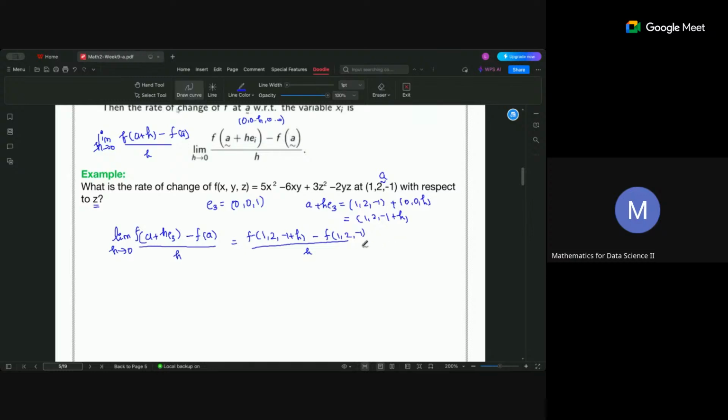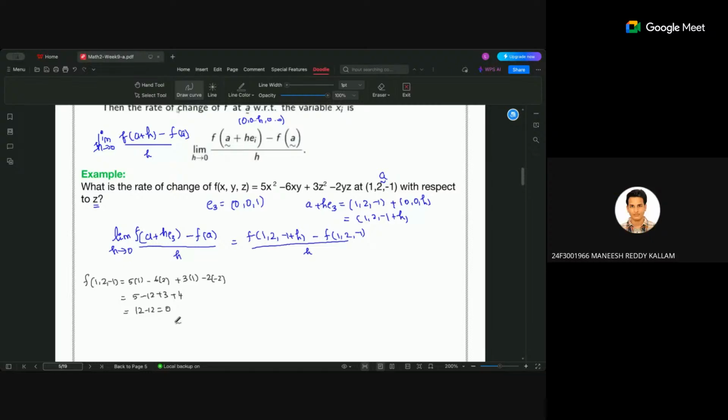So 5 times 1, minus 6 times 2, plus 3 times 1, minus 2 times minus 2. So 5 minus 12 plus 3 plus 4, minus 8. So 8 plus 4 is 12, and 12 minus 12 is 0. Is it correct? Yes. Okay.